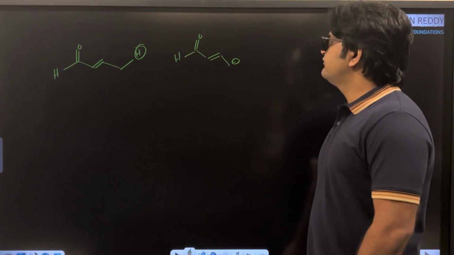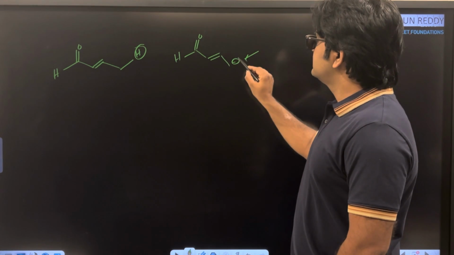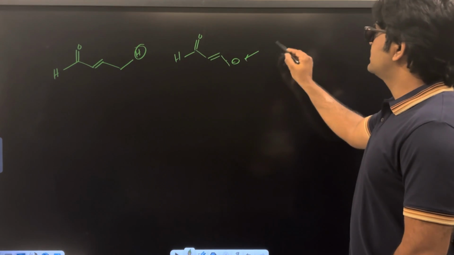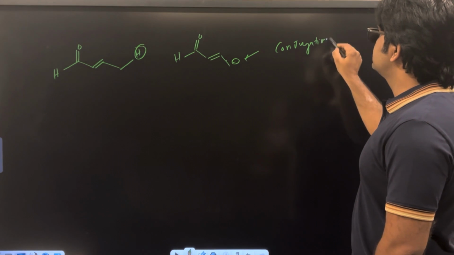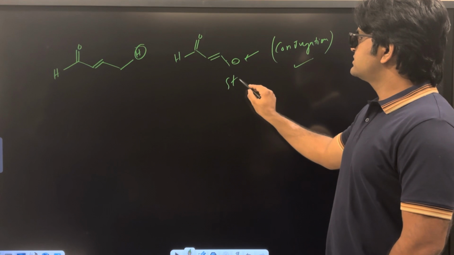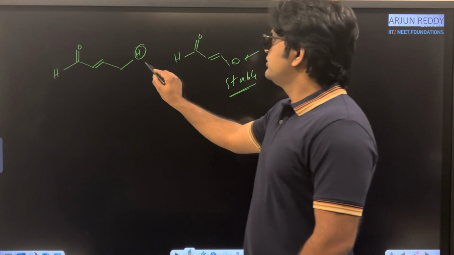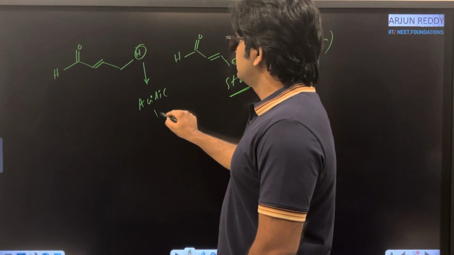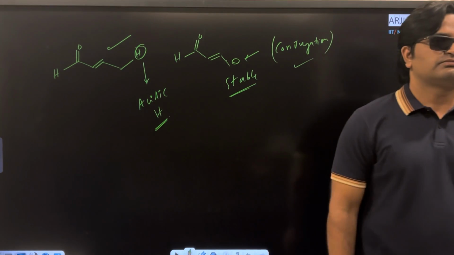Then after that we are looking for resonance. After formation of this carbanion, there is a conjugation: negative, sigma, pi, sigma, pi. So conjugation or resonance is present, right? Because of the presence of conjugation or resonance, is this carbanion stable or unstable? Yes, this is stable, and because of that reason, that hydrogen atom is taken as acidic hydrogen. Okay, this molecule also shows tautomerism.